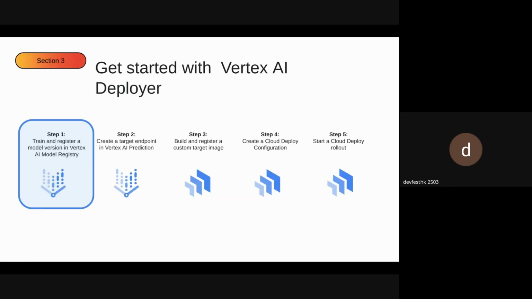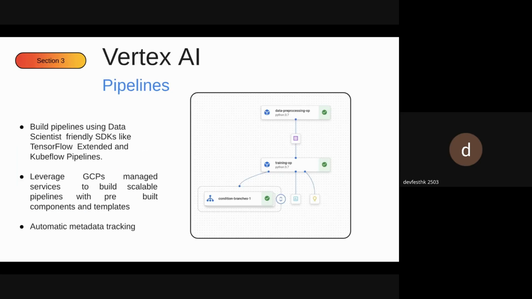Okay, the first one, train and register model version. This is the Vertex pipeline: data processing, training, and condition. We build the pipeline, leveraging a GCP managed service, with example one.